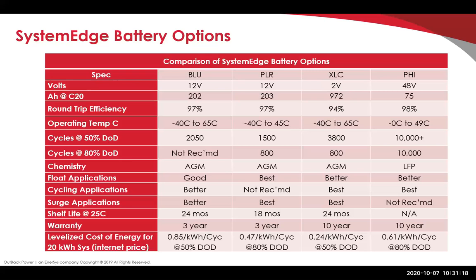It takes a while to get that out there. So to answer your question, if you're going to use lithium batteries, then yes, it definitely has to be UL 9540. If you're not using lithium batteries, then no, it doesn't. That's my understanding. That's Outback's understanding of how that works.